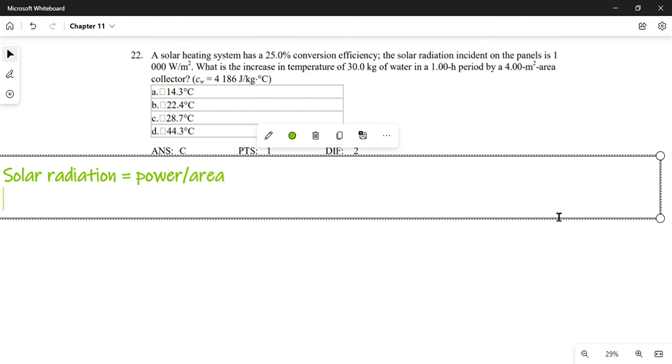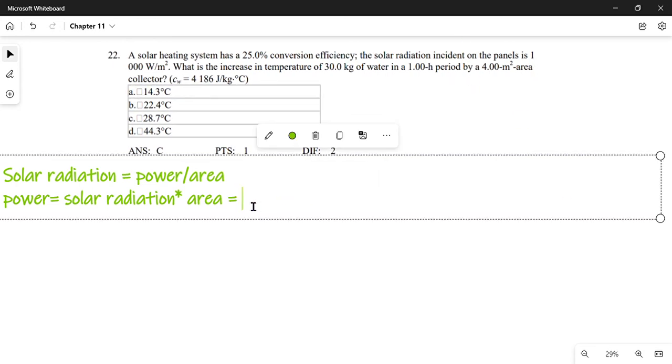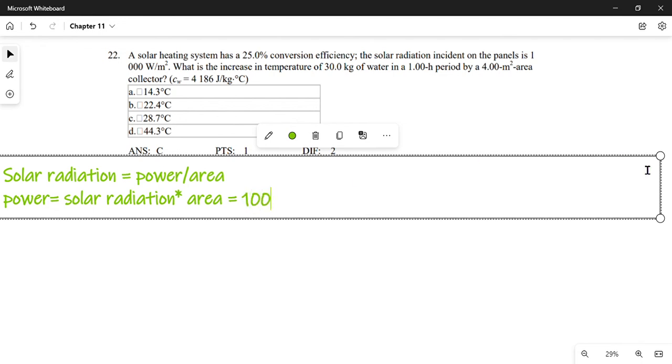So if you wanted to know the power, we have power equals solar radiation times area. The solar radiation they give us in the question equals 1,000 times the area, which is 4 meter square, equal to 4,000. So this is the power.